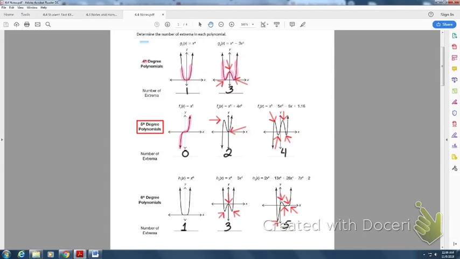Alright, so make sure you're kind of noticing the possible outcomes that you can have for each kind of degree. Okay, because on the first question on the next page, it's going to ask us what we noticed about that.